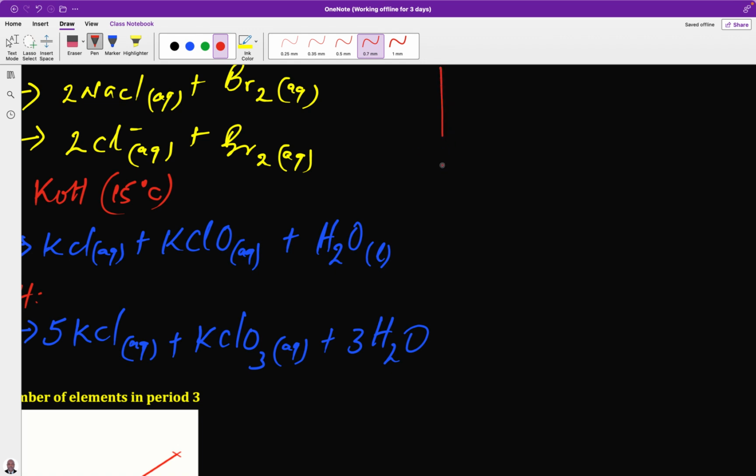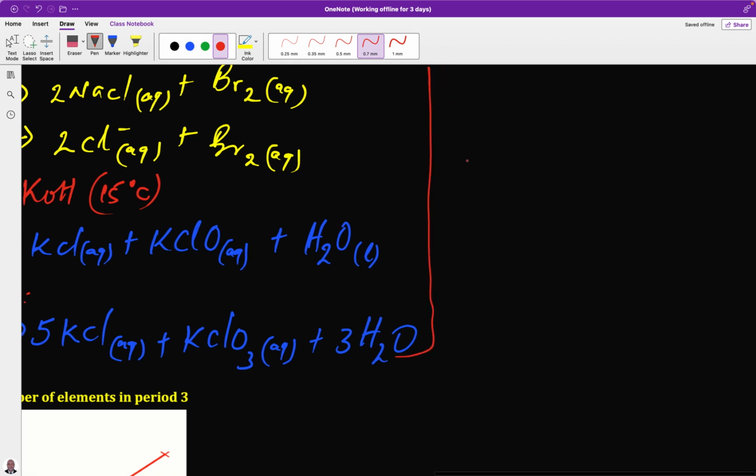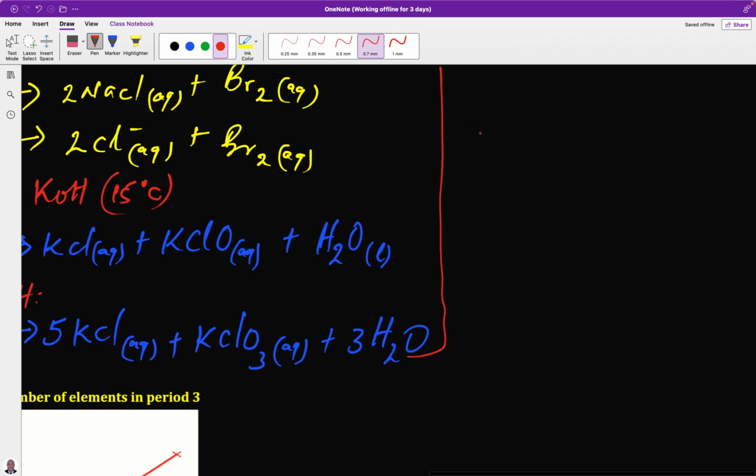When heated with nitrogen, lithium plus nitrogen will give nitride.